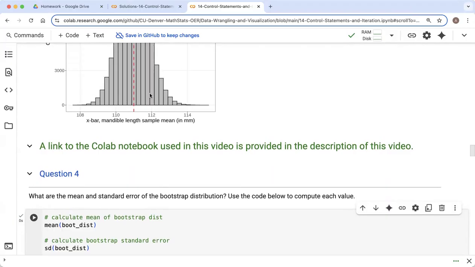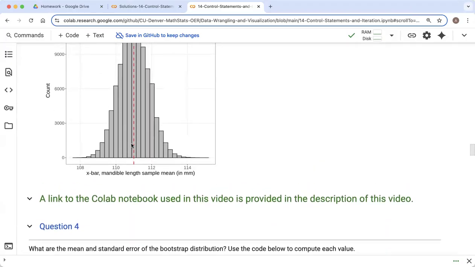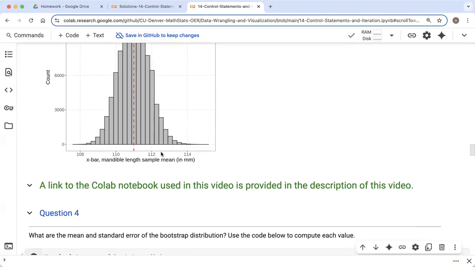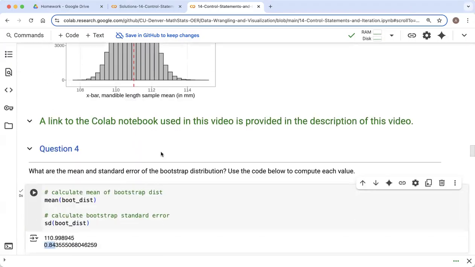This is measuring the variability in the sample means that we get. If you remember from the construction of, say, a 95% confidence interval, what you would typically do is take the center of the sampling distribution and go plus or minus 2 times the standard error. And that's going to have a 95% chance of containing the actual population mean.